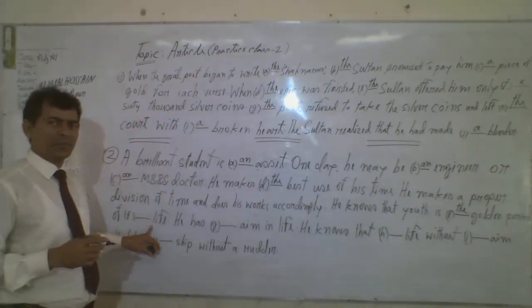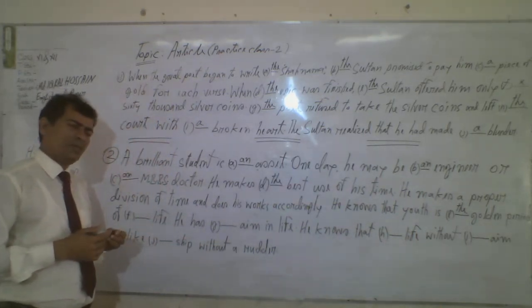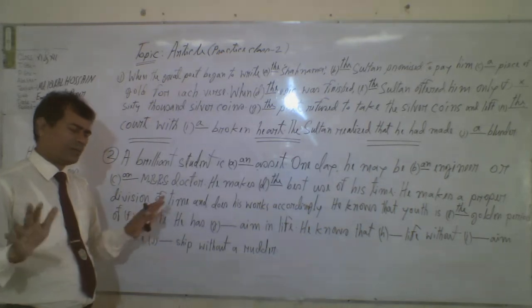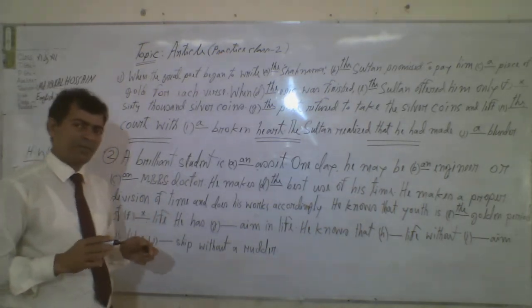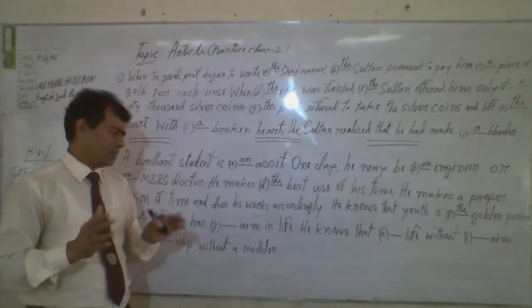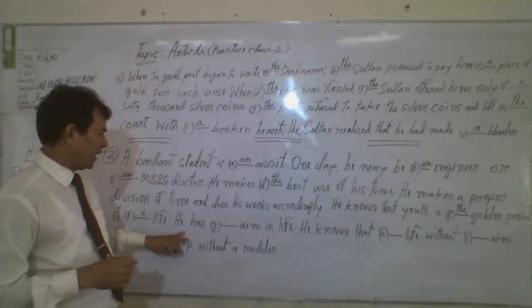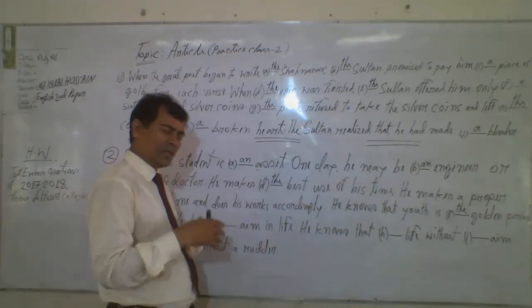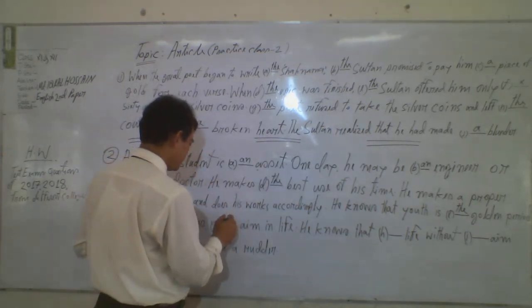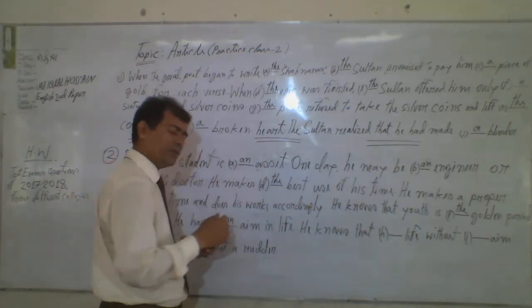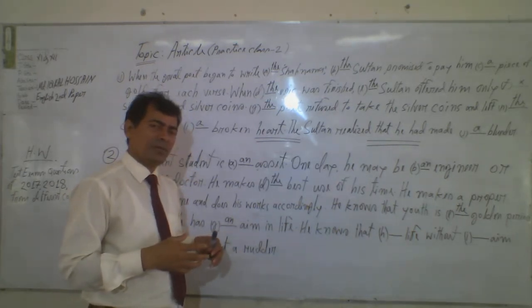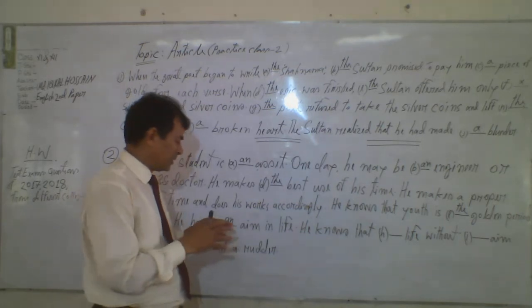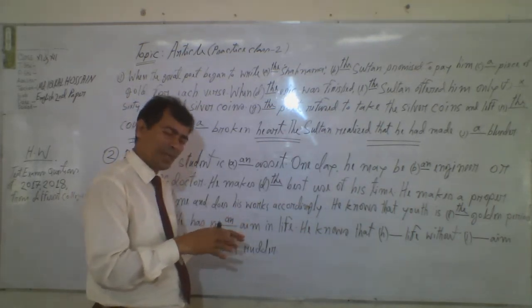In general, if we refer to life in general, we don't use any article. Remember, if we refer to life in general, I never use any article. He has an aim. I cannot use the here because it refers to his aim, an aim.